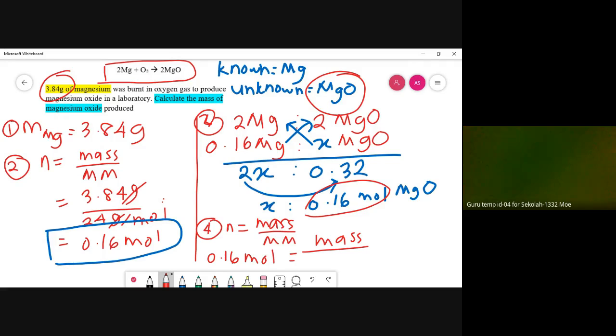Molar mass of magnesium oxide is what? 24 plus 16, molar mass for oxygen. So now you will get mass equals to 6.72 gram. Okay. Don't forget the unit. This is gram. Don't leave it out. If you leave it out, marks will be deducted. Understand?